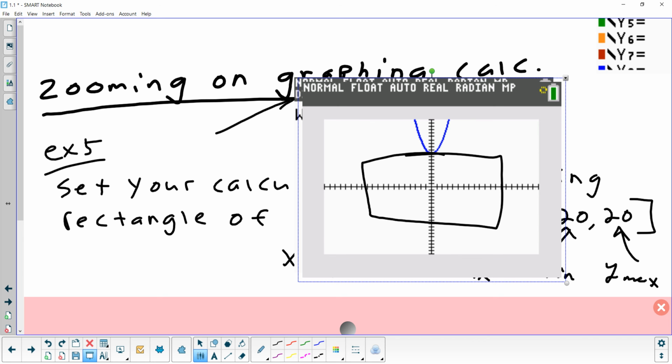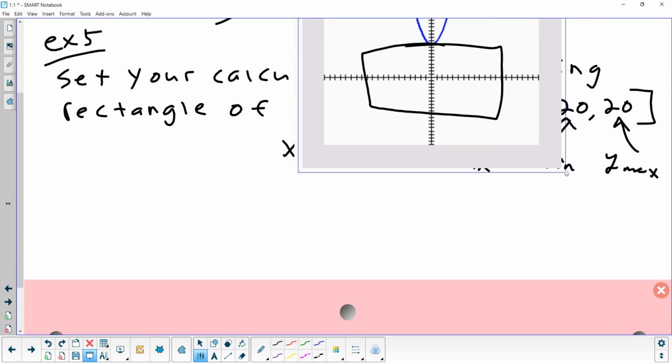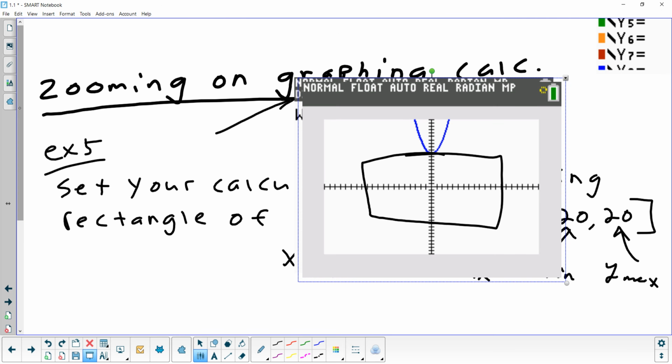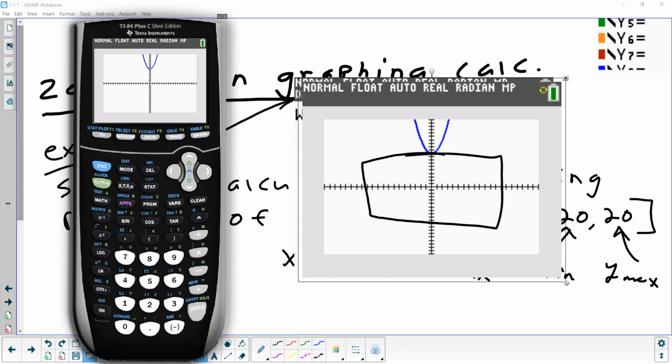We had to zoom out. All right, so any questions on setting a window? Don't worry about changing the X scale and the Y scale. I can show you what happens. It's not something I ever really play with.